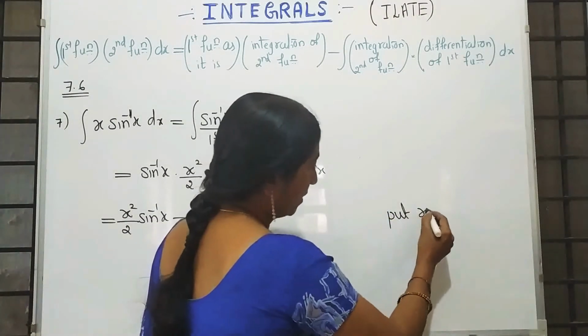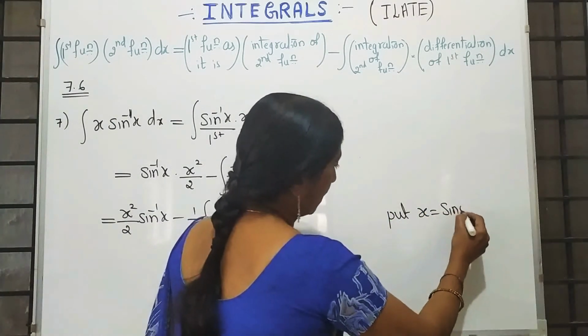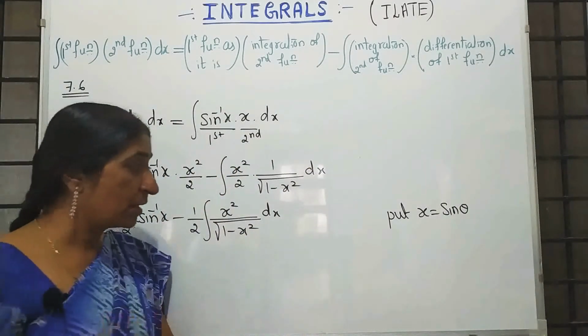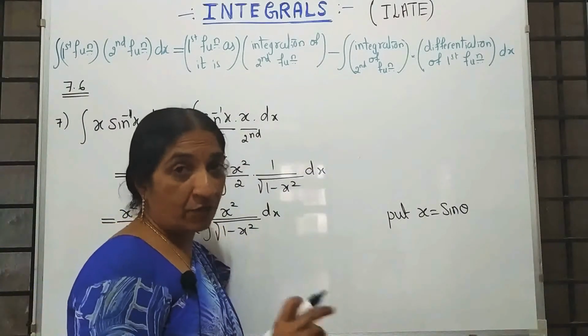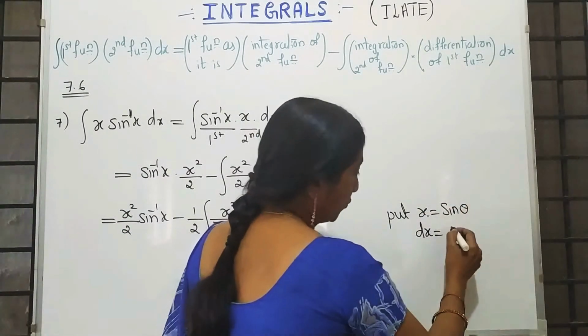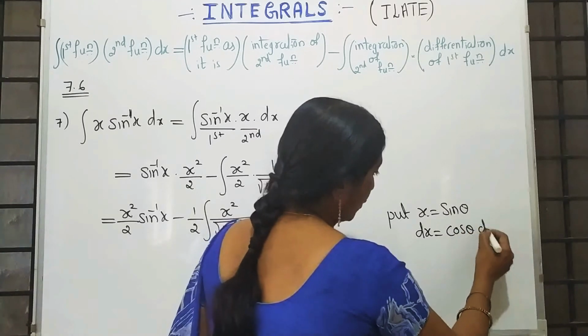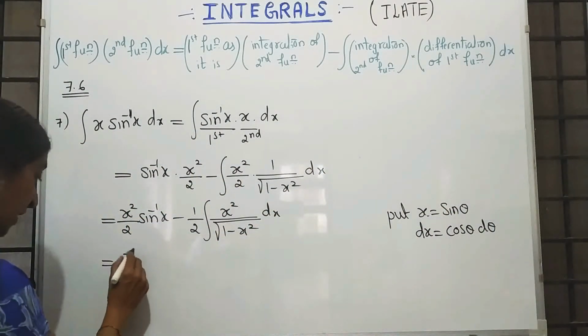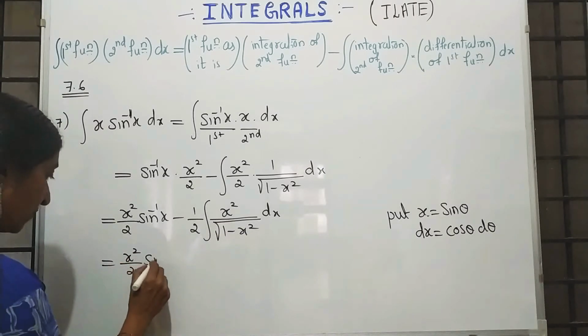I am writing x as sine theta. Already you are familiar. Under the root, if you have 1 minus x square, 99% we write sine theta. And with integration, if we substitute, we have to differentiate. Already you are familiar with the method of substitution in integration.